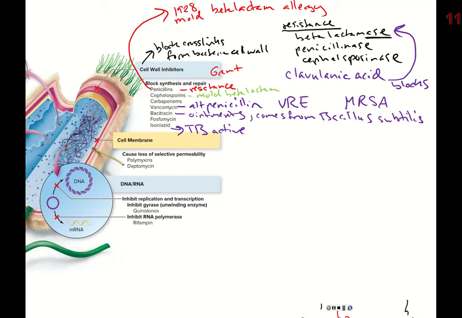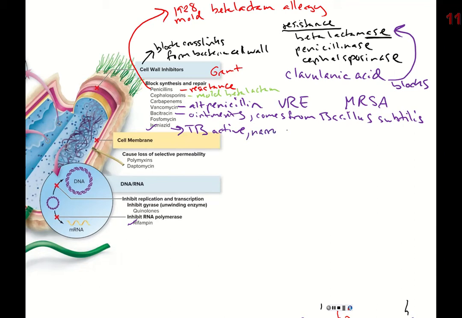And so most of the time we no longer treat tuberculosis with one single drug. We're actually going to treat it with isoniazid as well as rifampin and some other ones, because there's quite a few versions of the bacteria now that are multi-drug resistant and even extremely multi-drug resistant, which makes it very, very, very difficult to kill. This one, on the other hand, is a narrow spectrum.